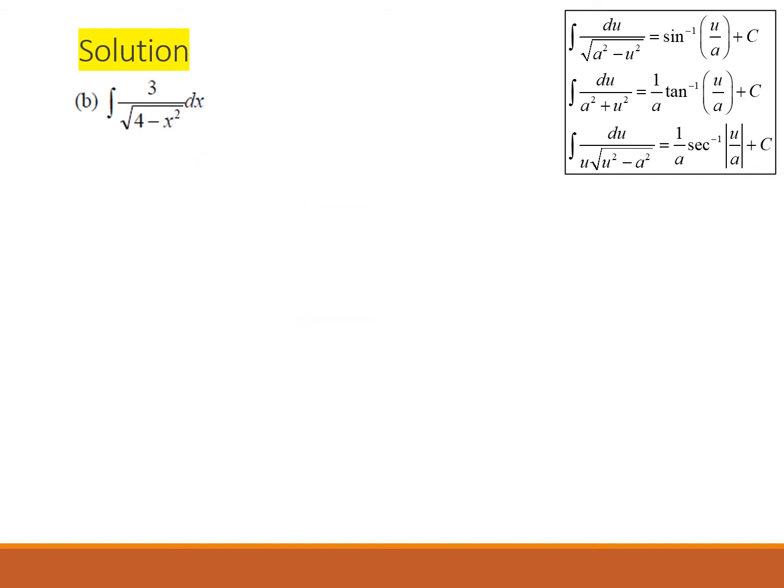The next question is the integration of 3 over the square root of 4 minus x squared dx. This is the same as the previous question, where it involves the first formula, which results in the inverse sine of u over a.